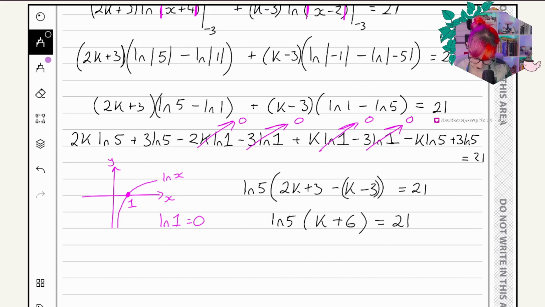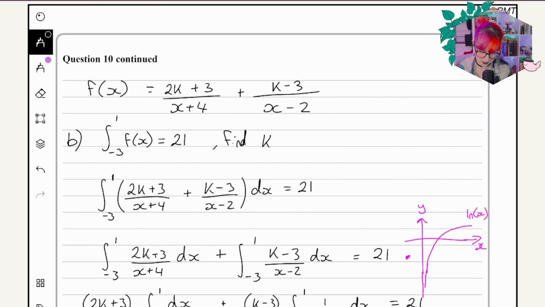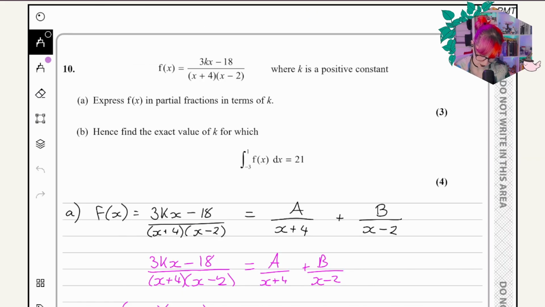Is 21. So k plus 6 is 21 over log of 5. So k, which was the thing that we were trying to get to in the end, is 21 over log 5 minus 6. And hopefully it doesn't tell us it wants it in decimal places. No, it says find the exact value. So exact value, we can leave it alone, because if we simplified it, it would become an approximation. It wouldn't be exact.